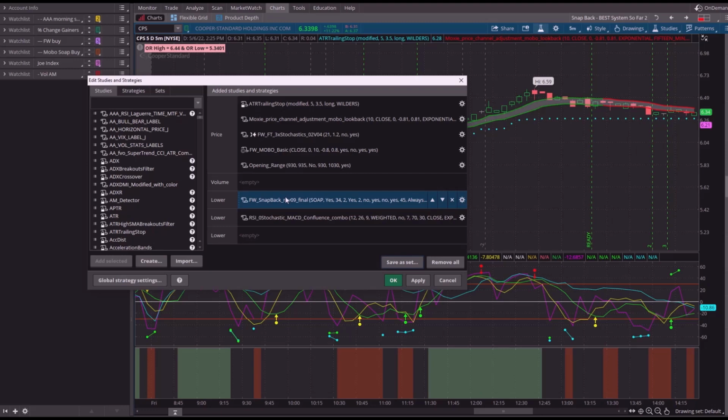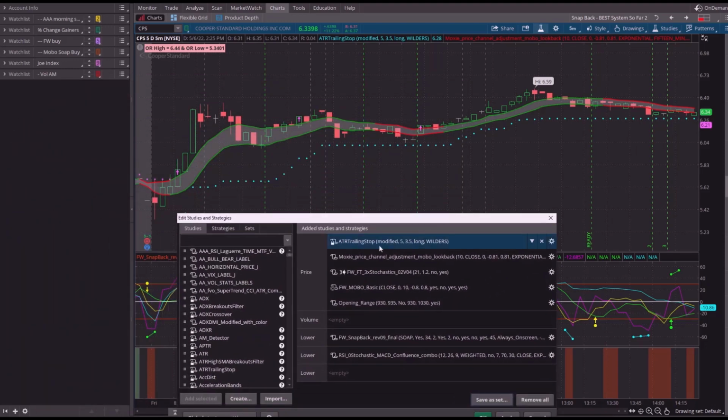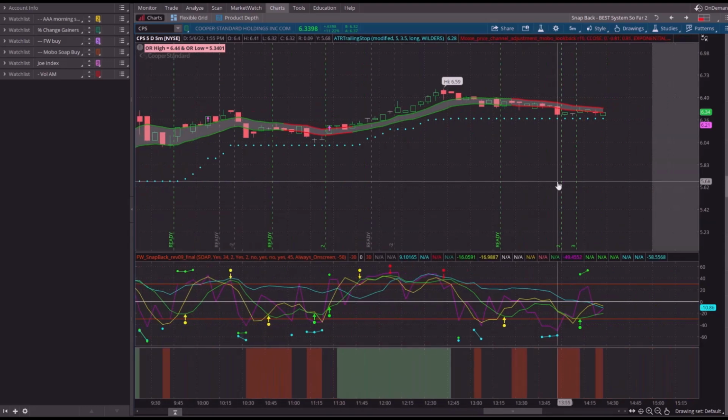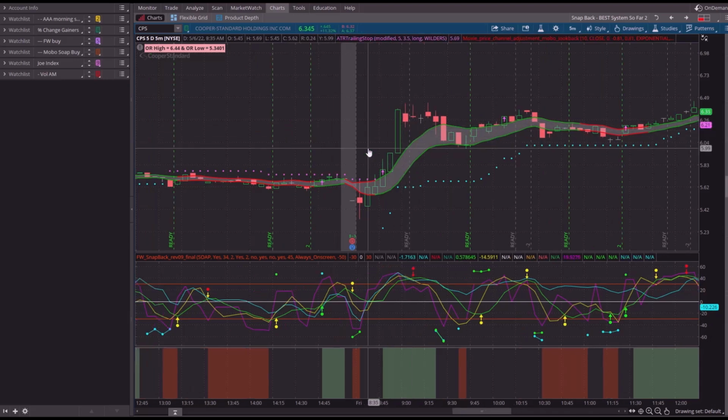of the session here. So let's take a look at each one individually a little bit here. So the ATR trailing stop, these are the blue dots. I have to close this out so we can show you. So the blue dots give you a safe way to say, okay, go ahead, there really isn't as much resistance in the upward momentum direction.